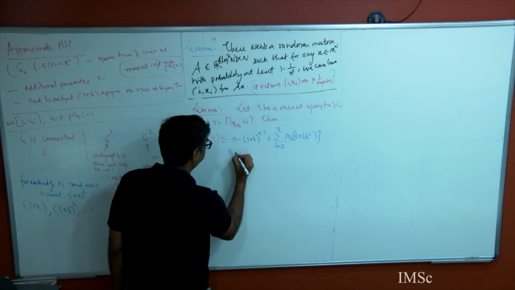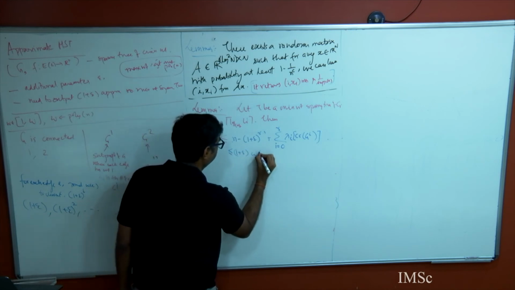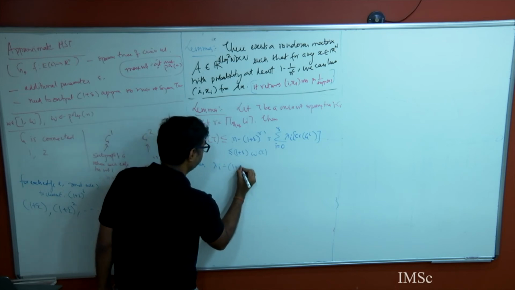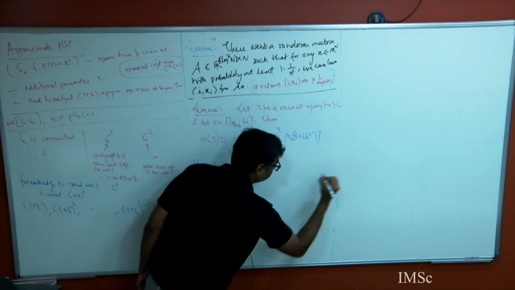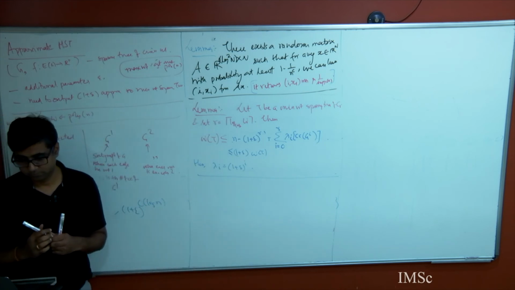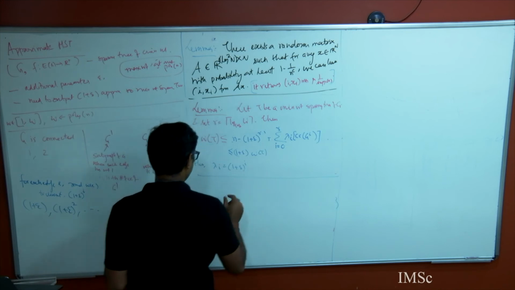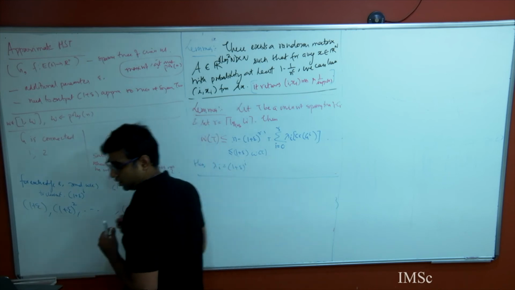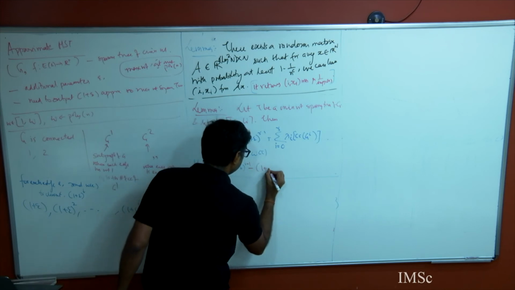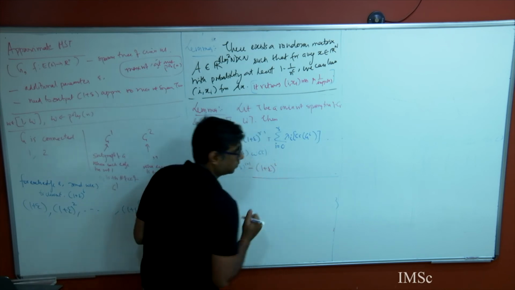And then we will show this is less than or equal to 1 plus epsilon times the weight of T. Here lambda_i is equal to (1 plus epsilon) to the power i. This is what it is. What I'm doing is (1 plus epsilon) to the power i plus 1, minus (1 plus epsilon) to the power i.